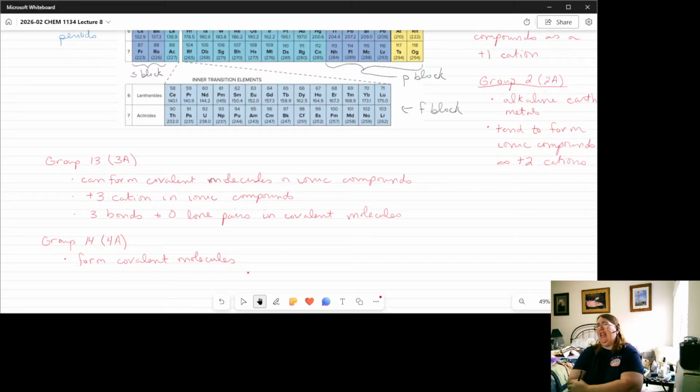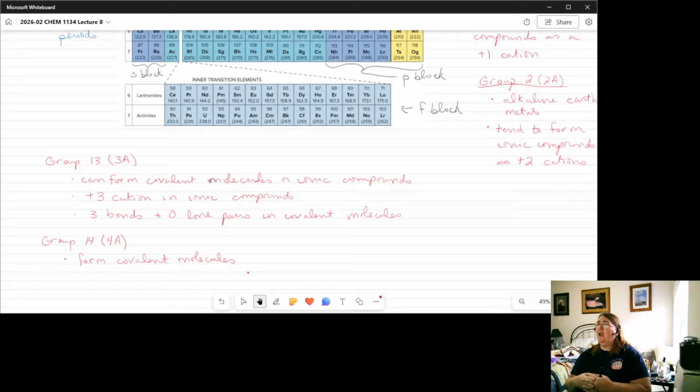And the reason for that is it's really hard to establish an ionic state. It's kind of in the middle. So if it were to try to form an ionic compound, and you're going to see this as we swap over, it would either have to form a +4 or a -4. And that's really hard for very small atoms, which carbon is. The size of the atom gets larger as you move down the periodic table.